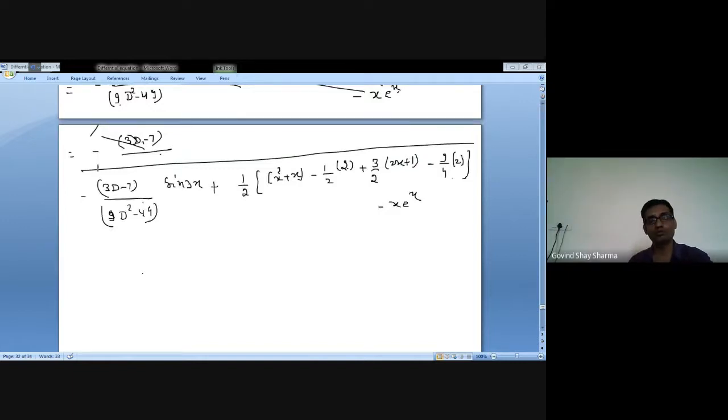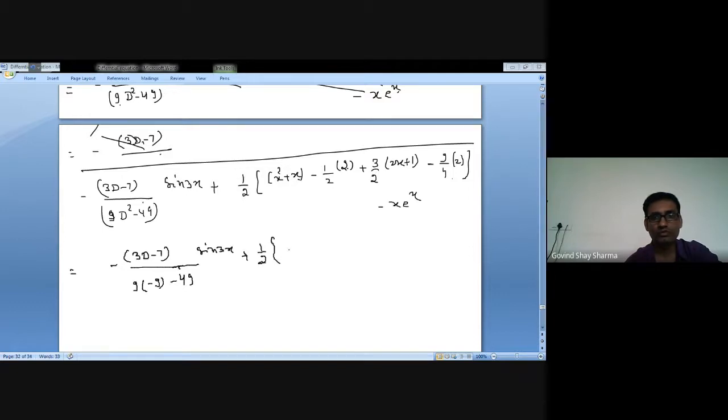Okay. Now we replace D square by minus alpha square, so it will become 9, minus x square plus x minus 1 plus 6x plus 3 by 2 minus 9 by 2.